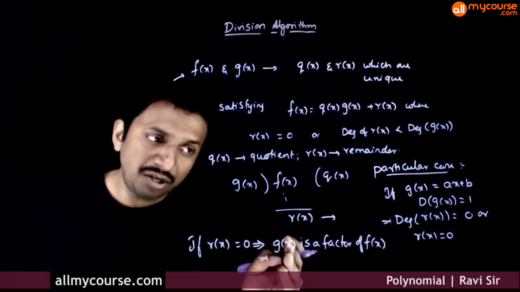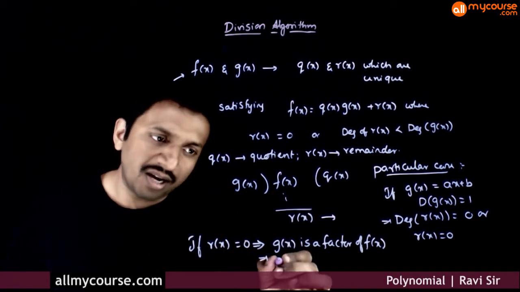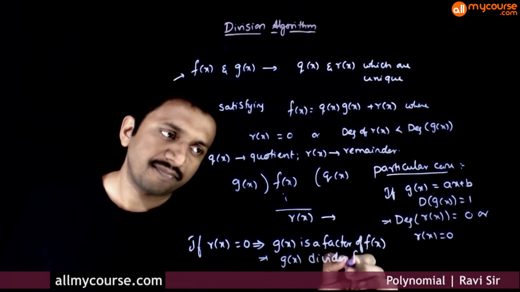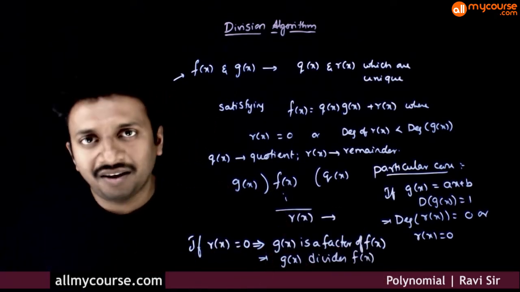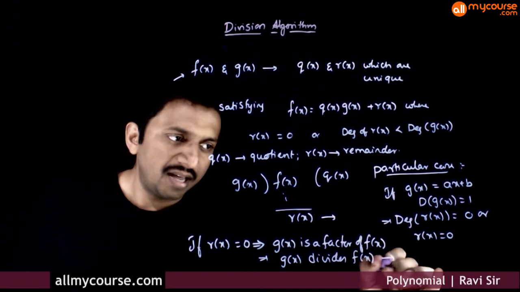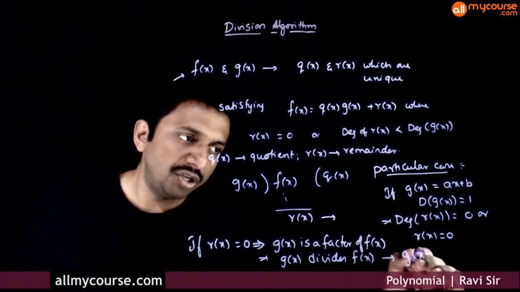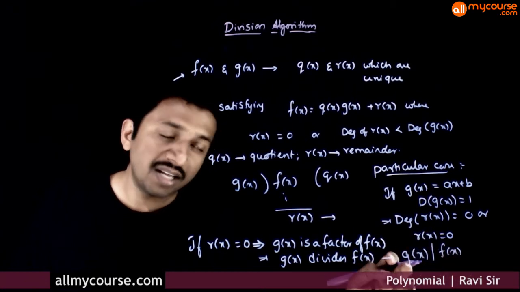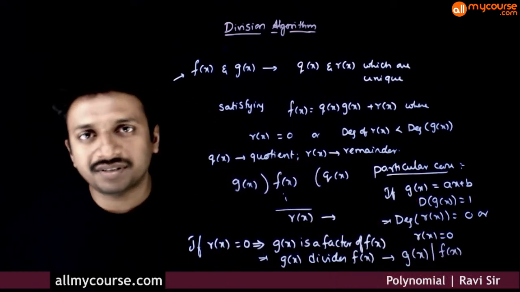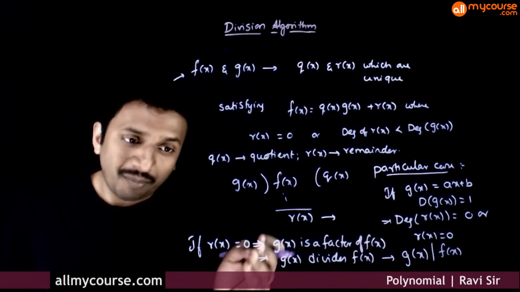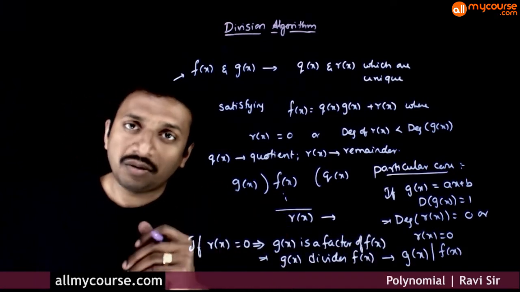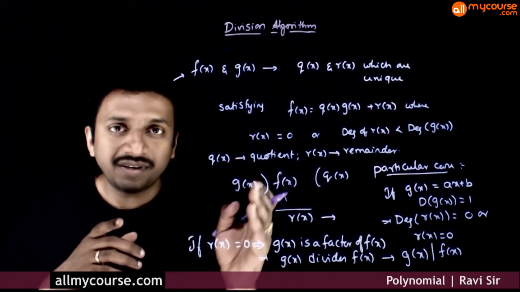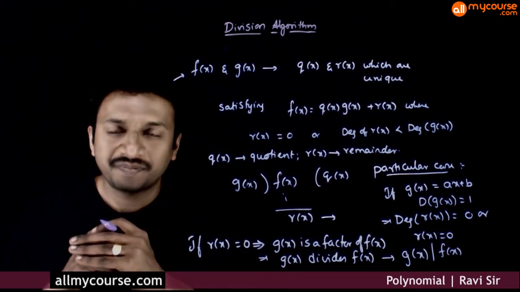Or I can say g of x divides f of x, and I write it like this: g of x, vertical line, f of x. This has to be read as g of x divides f of x. If the remainder on division is equal to 0, then we say that g of x is a factor of f of x, or g of x divides f of x.